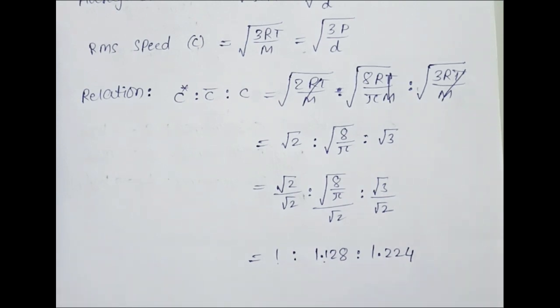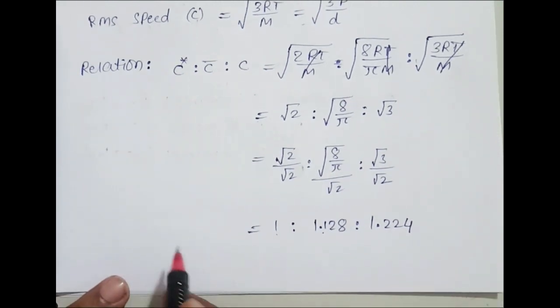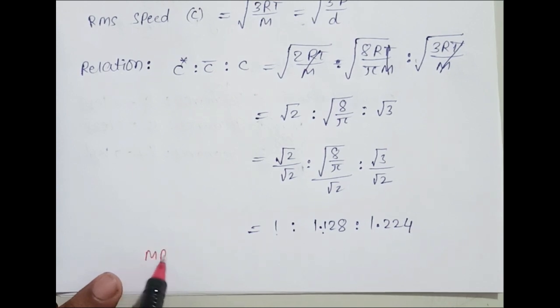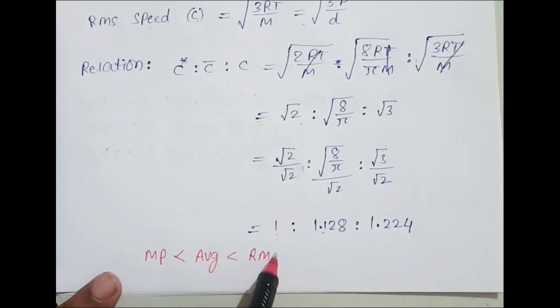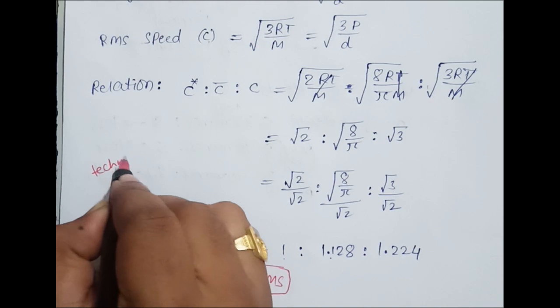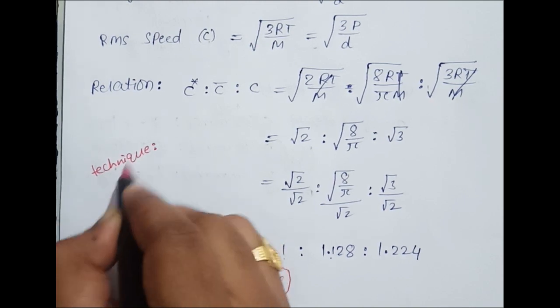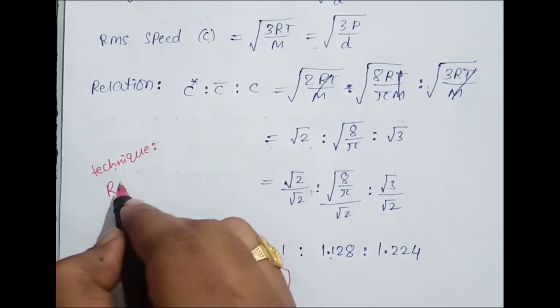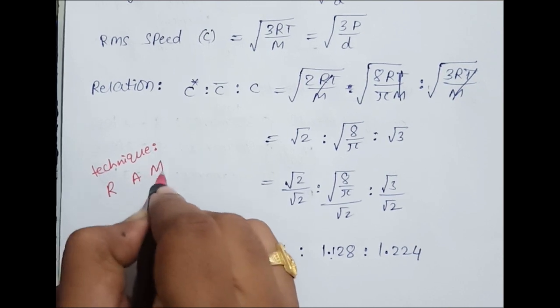Now which velocity is more, which velocity is less? Most probable velocity value is less, then average velocity, then RMS velocity. Now people will remember it like this. If you want a technique to remember this, the technique is RAM.